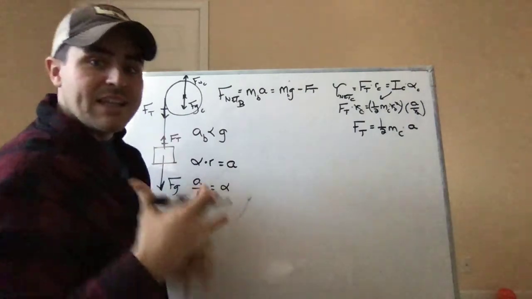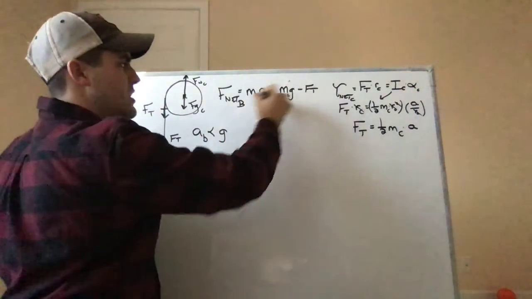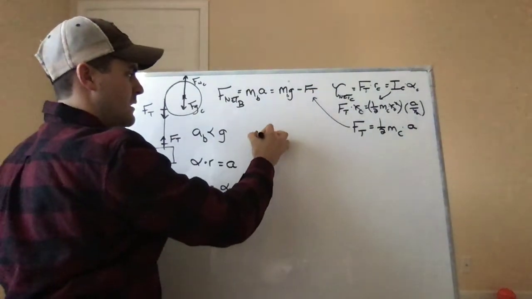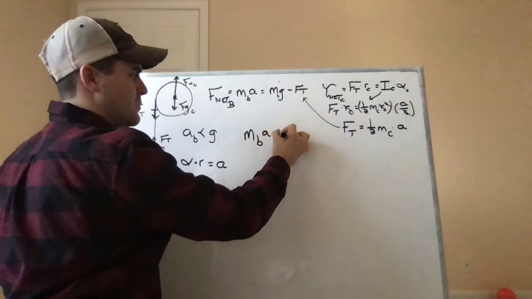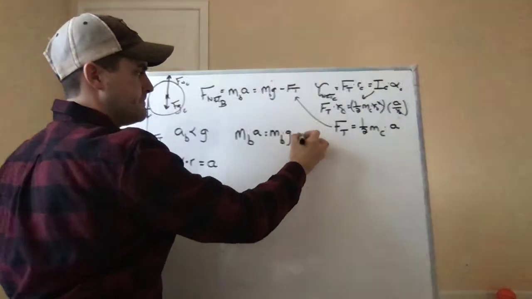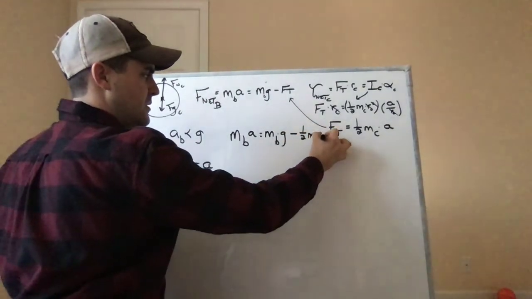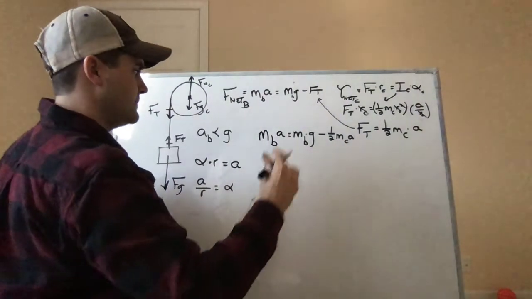Okay. Now it's time to do some algebra fun. Let's just start plugging some stuff in. I didn't know tension over here, but now I have an expression for tension. Let's rewrite my F net over here. Mass of the bucket times a equals mass of the bucket times g minus 1/2 mass of the cylinder times the acceleration of the whole thing.